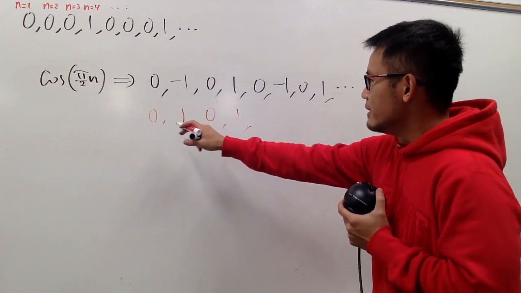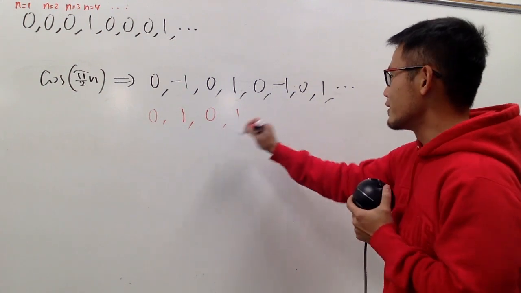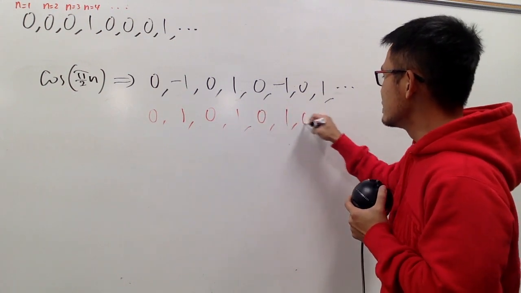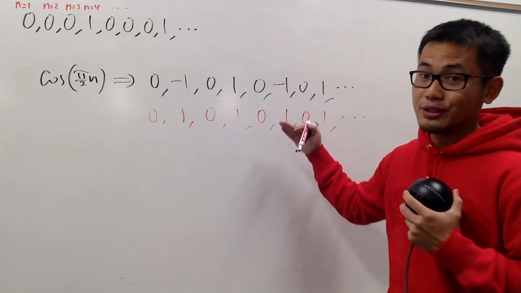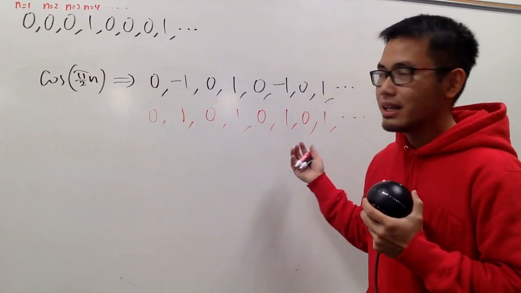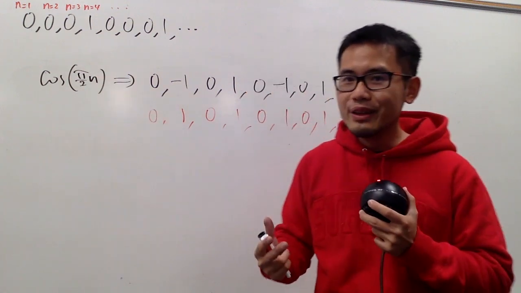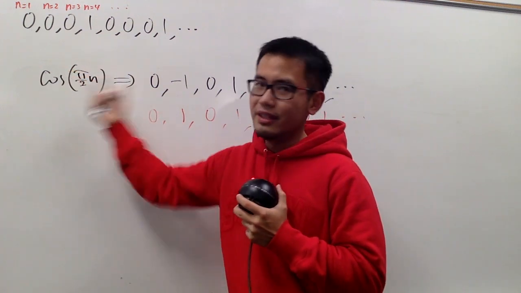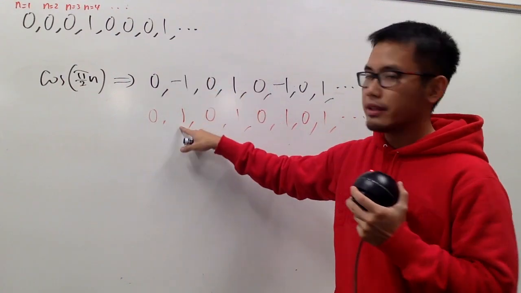And then you see, these numbers in red, we have a formula for that as well, but let me write it down first. This is 0, 1, 0, 1, and so on. This and that, they look so alike, right? One of the ways to get this sequence is either you take the absolute value of this, or you can just simply square this, right? Because -1, when you take the absolute value, you get 1.